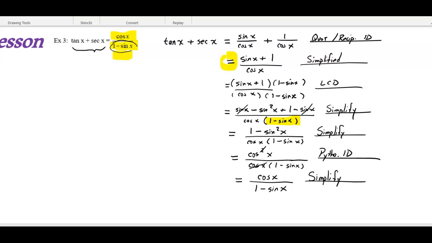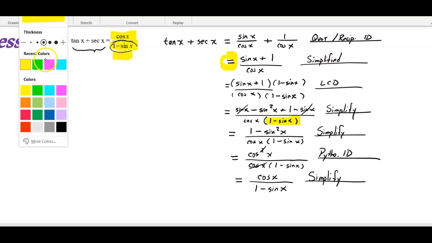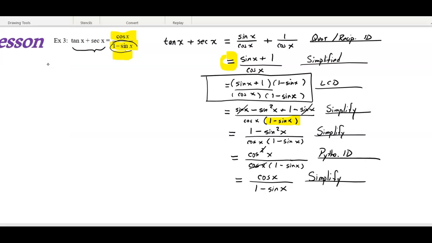So the tricky part of this problem was this right here. Once again, you have to know where you are going, and sometimes you literally just have to drop that in there, okay? And then the reason, that's LCD, all right?